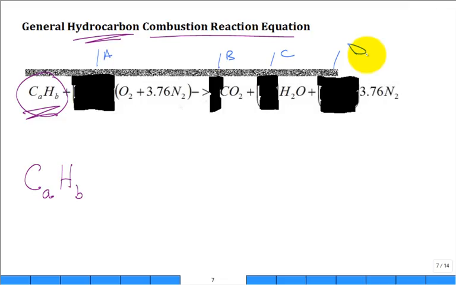Do the carbon first. All right, so now we're going to do the carbon first. What's the coefficient in front of the CO2? You're good. It's A. Which one do you want to do next? Do the hydrogen? What's the coefficient in front of the water?